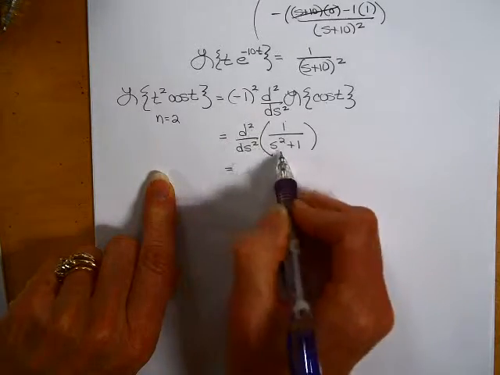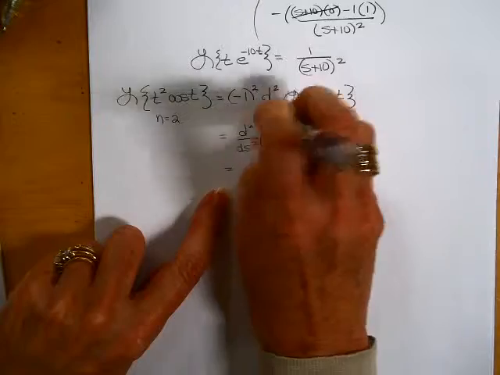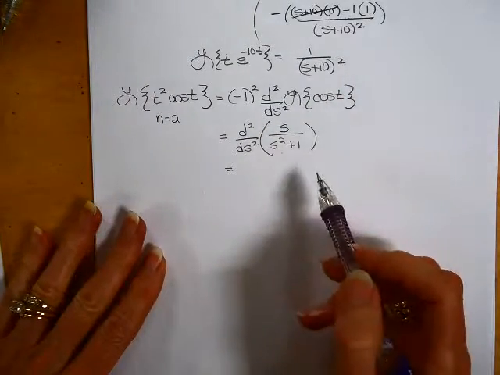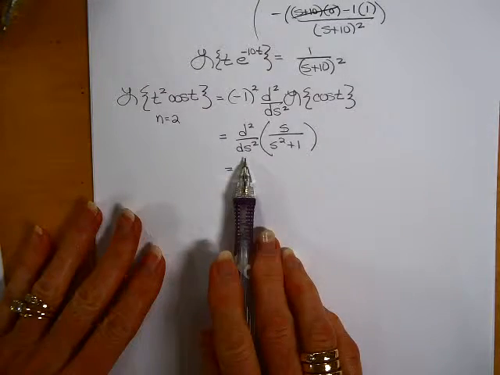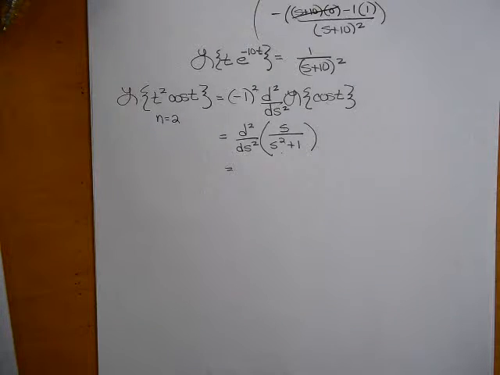The transform of that is 1 over s squared plus 1. So I need to take, I'm sorry, you're right, I was doing sine. Thank you. That's what I mean by I need to look. It's s over s squared plus 1, sorry. All right, so you need to take the second derivative of this. Your calculators will let you do this. You do not have to do this by hand. So I would pull out my trusty calculator and do a second derivative.